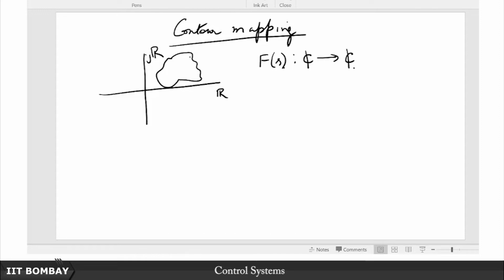So it picks out a value from the complex plane, its argument s comes from the complex plane, and then f(s) is also a complex number in the sense that every time you pass on a particular complex value s through f, what you get back is another complex number which also has a real part and an imaginary part. So as we had earlier explained, you can now take this to be the real part of f and this to be the imaginary part of f.